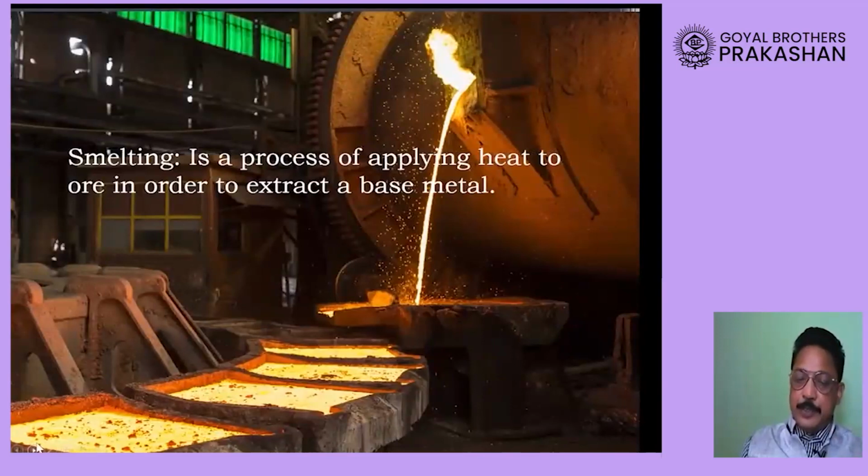Now you can see here, dear student, this is molten iron, iron which has completely melted, which is now removed. Now this is quite pure. It's not 100% pure, but it is quite pure. So in this way, this heat is used to obtain the metal from its ore.